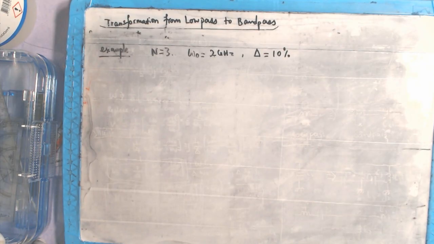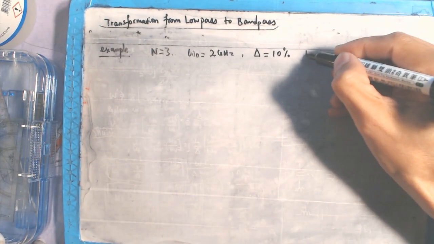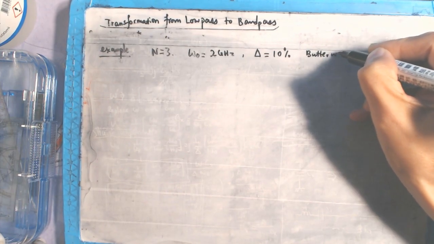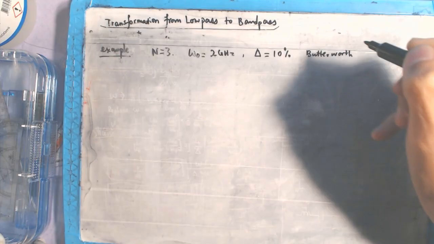let's say Butterworth is 1 to 1. So I'm going to use Butterworth topology.